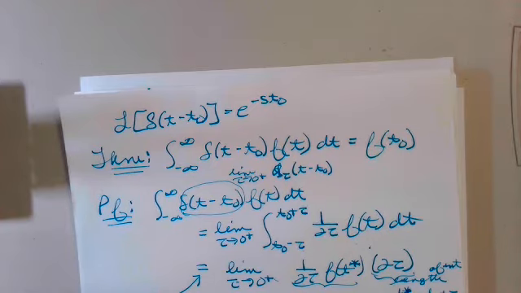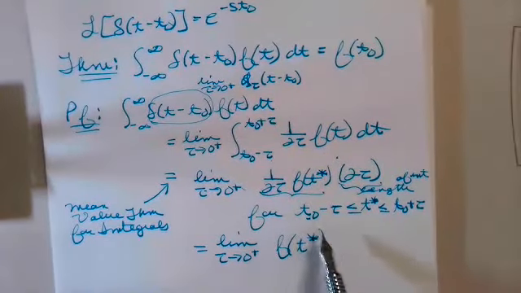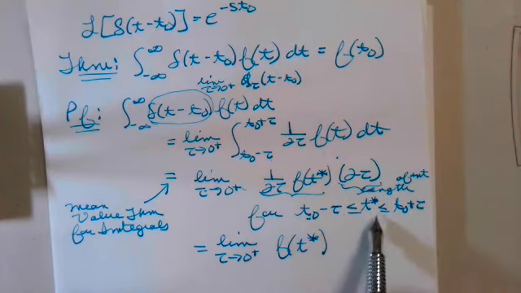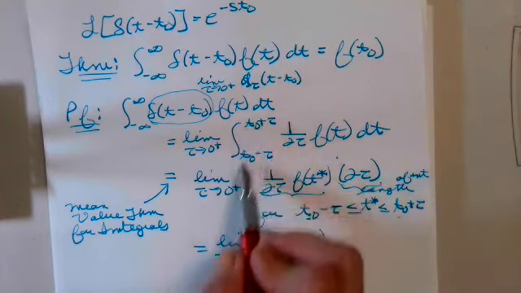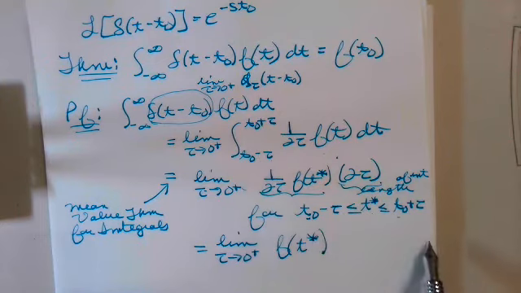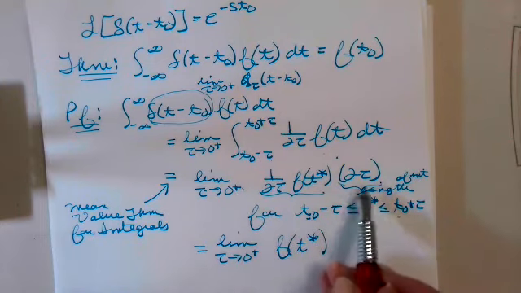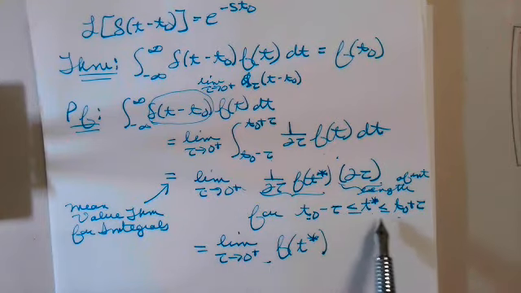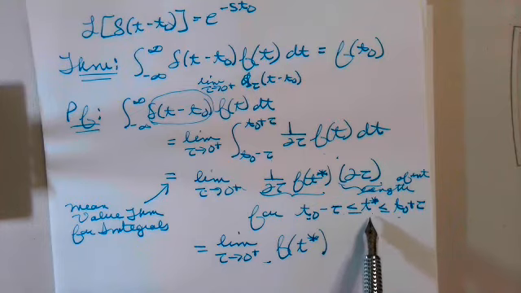Okay, but what happens to t star as tau goes to 0? Sorry, you can't see that. All right, so t star has to be between the two endpoints of the interval. The 2 tau and 2 tau cancel, so I just get an f of t star, and I take the limit as tau goes to 0. But what happens to t star?